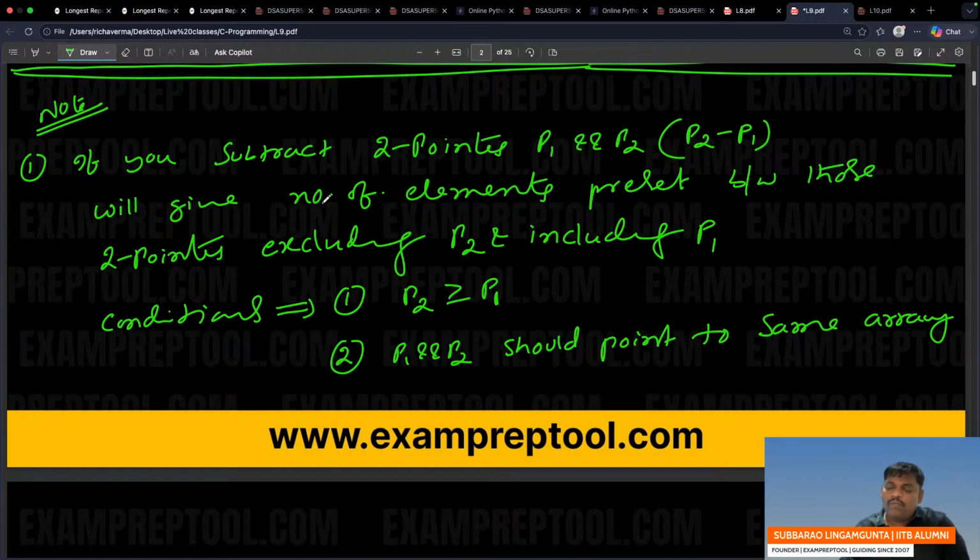So remember, if you subtract two pointers P1 and P2, that is P2 minus P1, it will give the number of elements present between those two pointers, excluding P2, including P1. So I think the diagram is like this. If you want, I will give the diagram also.